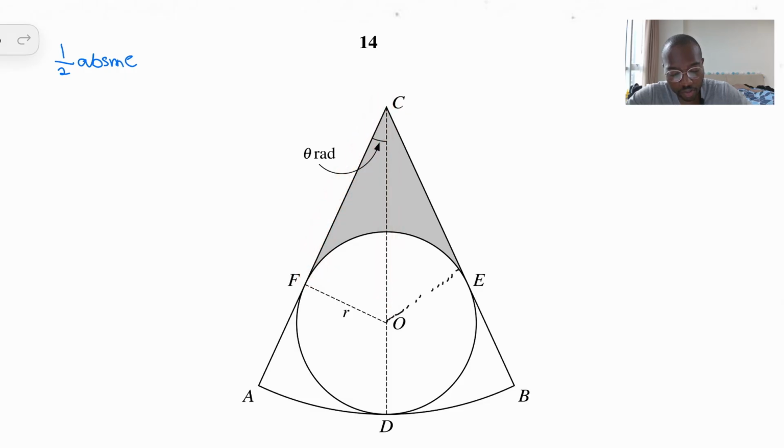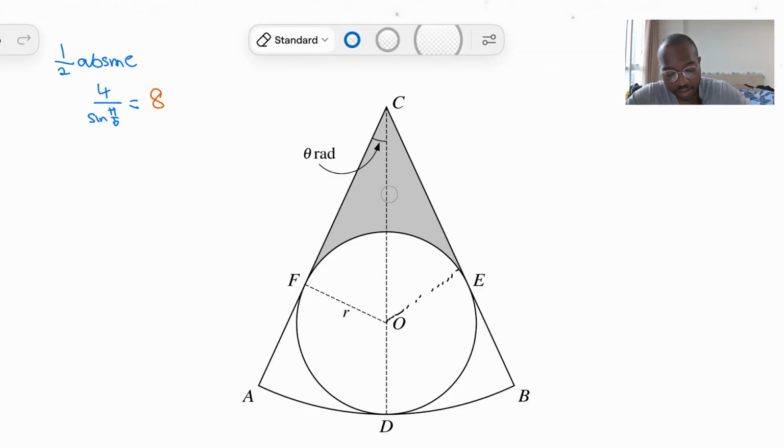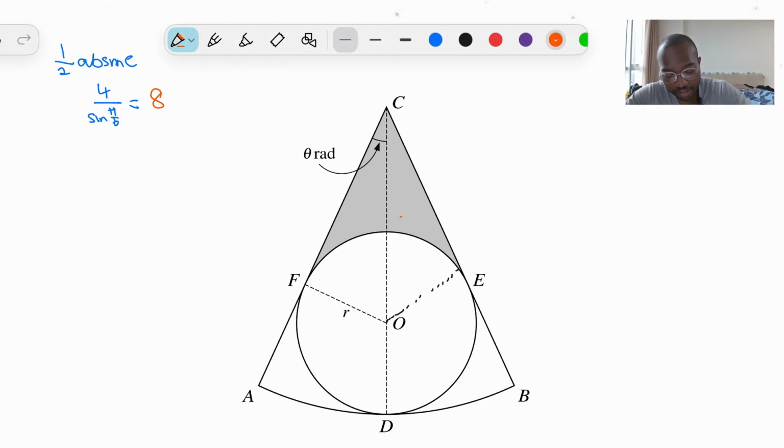From the previous questions, we know that this side is r over sine theta. If I work that out, it will just be 4 over sine pi over 6, and if you work that out, you get 8. So we know that this length here is 8.